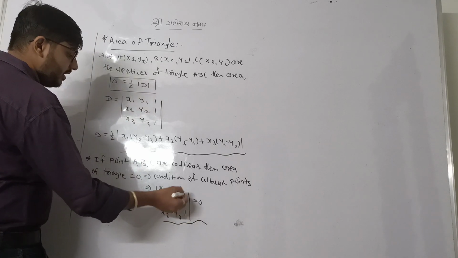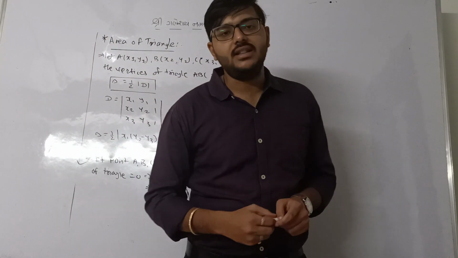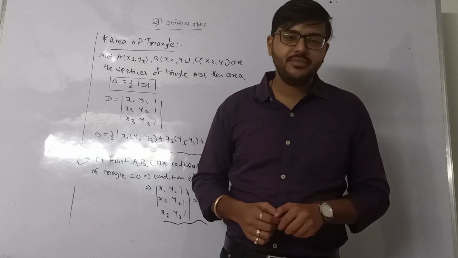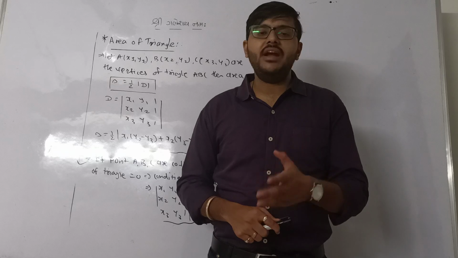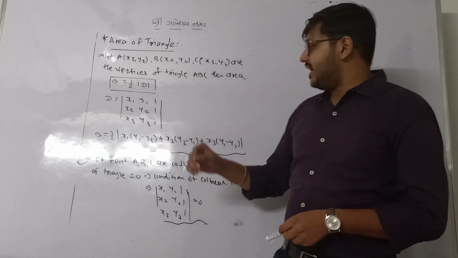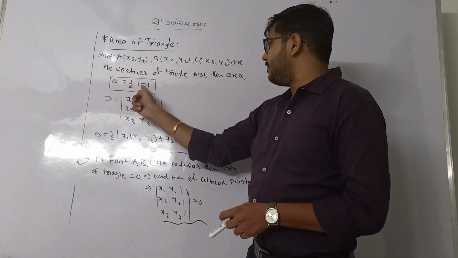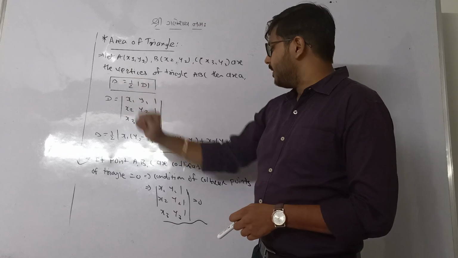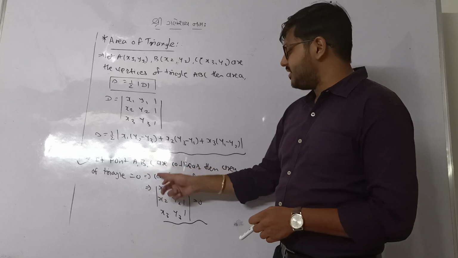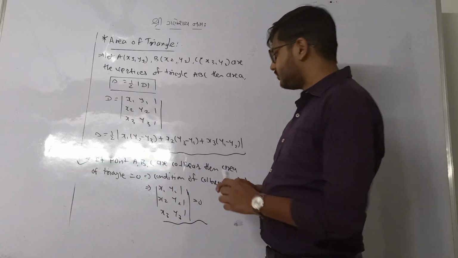You can easily understand this: if the points are collinear, then they cannot become vertices of a triangle. That means the triangle made by these 3 points has area equal to 0. So if A, B and C are collinear, their area will be 0, which means the determinant equals 0. Hence we can obtain the condition, right? That if A, B, C are collinear, then the determinant x1 y1 1, x2 y2 1 and x3 y3 1 equals 0.